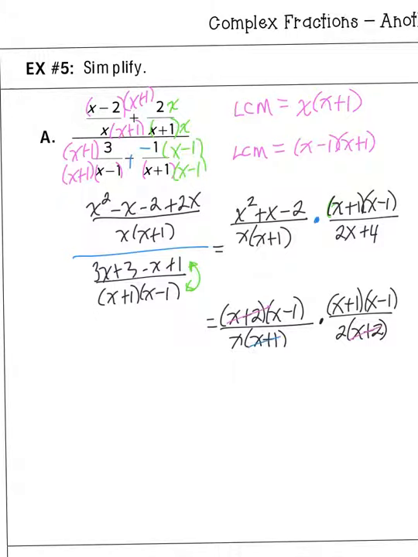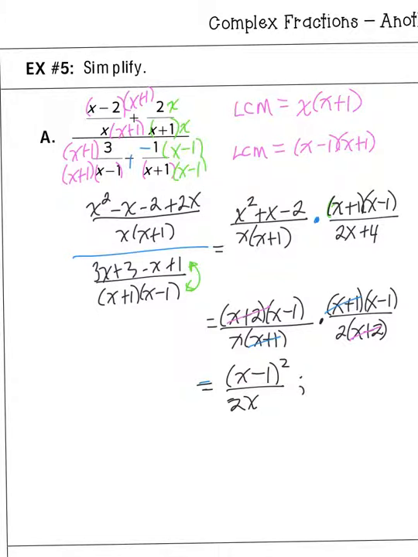I can cancel an x plus 1 with an x plus 1. I cannot cancel the x minus 1s because they're on the same level. So I have two x minus 1s, an x and a 2. So I have x minus 1 squared, or you can write it out twice, and then 2x.